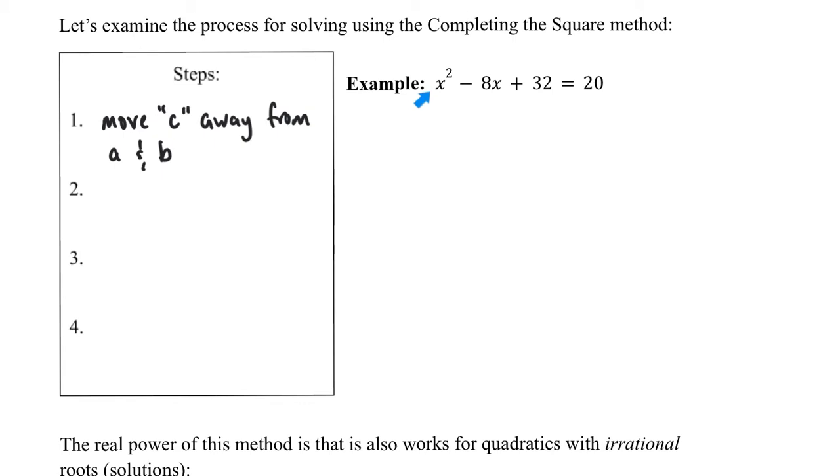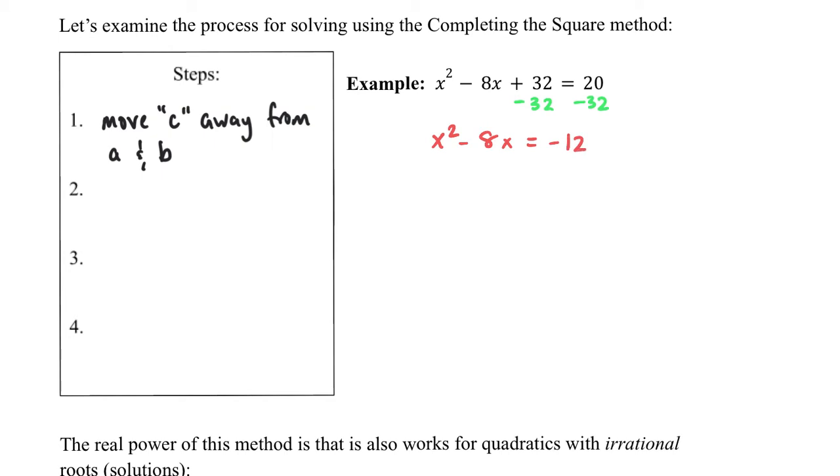Our A here is 1, our B is -8, and our C term would be 32. What we're actually going to do is move that away. So we're going to move 32 to the opposite side of the equal sign by using inverse operations. And so that gives us x squared minus 8x equals -12.